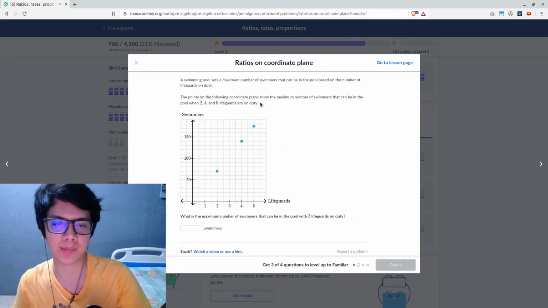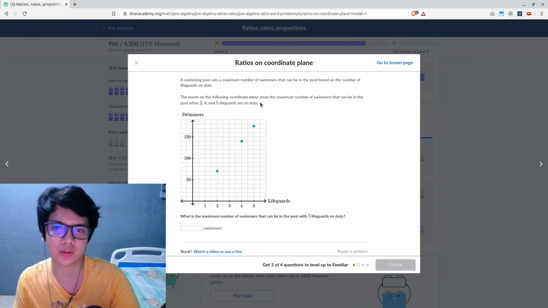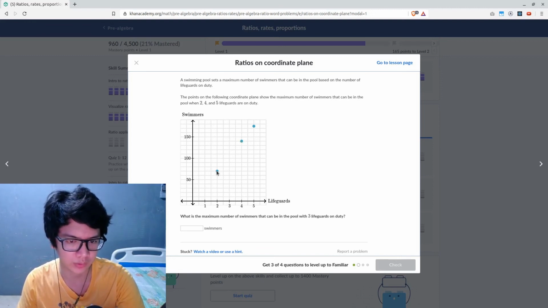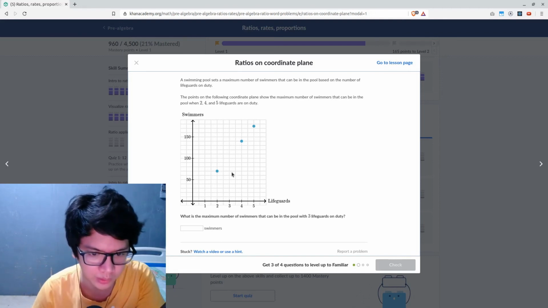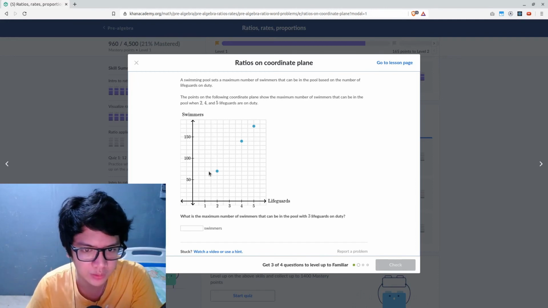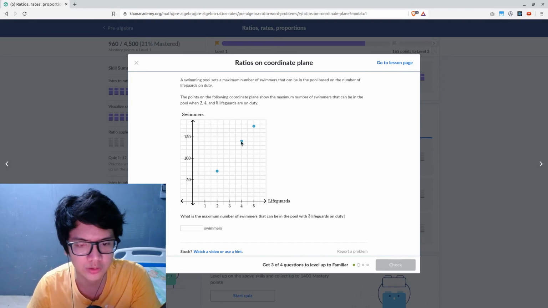The film says a maximum number of swimmers that can be in the pool based on the number of blood parts on the game. So when there are two, not like this. This seems pretty linear, so I feel like 3 and 100, right? So this one's 70, 40. Wow, it's by 35.